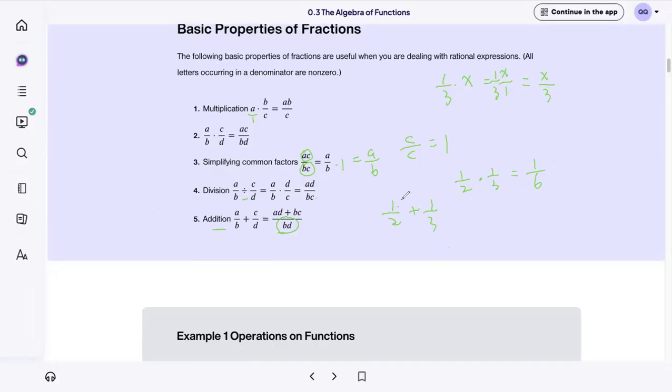So we need to multiply by 1, which is 3/3 for this case, and multiply by 1, which is 2/2 for the other, because 3 divided by 3 is still 1, right? By doing so, we change this to 3/6 plus 2/6. Now the denominator is the same, we can add. Right? 3 plus 2, 5.